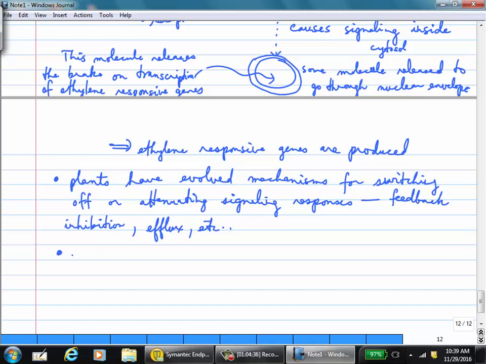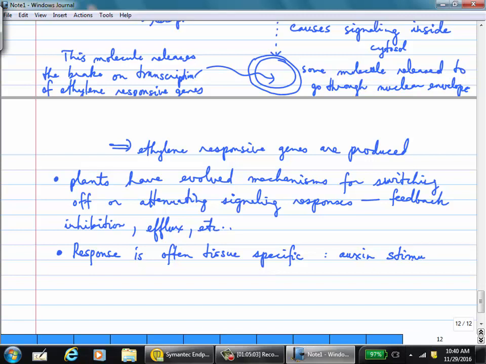Then the response to these different hormones is also usually tissue specific. So response is often tissue specific. For example, auxin is going to stimulate growth in shoots, the above ground portion, but it basically suppresses growth in the roots.